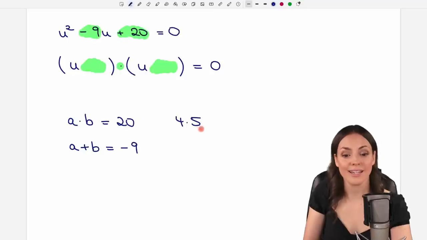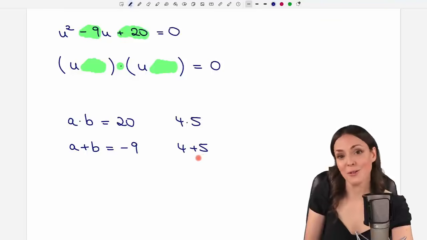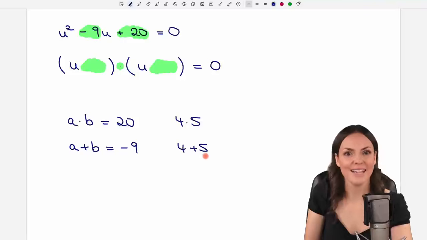And then I always check if the second condition is fulfilled as well. So if I add these two numbers, so if I do 4 plus 5, do I get negative 9 as a result? No, but I get 9 as a result, so almost. But I also know that my numbers need to be negative so that I get a negative result here.